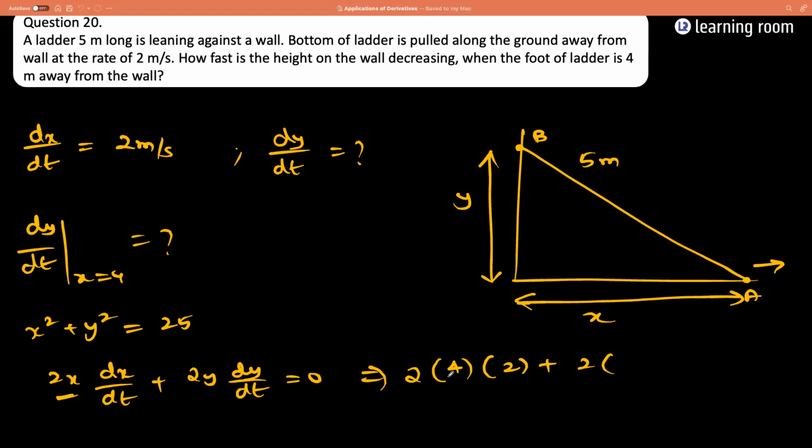When x is 4, what will be the corresponding value of y? 3. Sir, 3. 3, 4, 5 are Pythagorean triplets, right? Into dy by dt will be equal to 0.